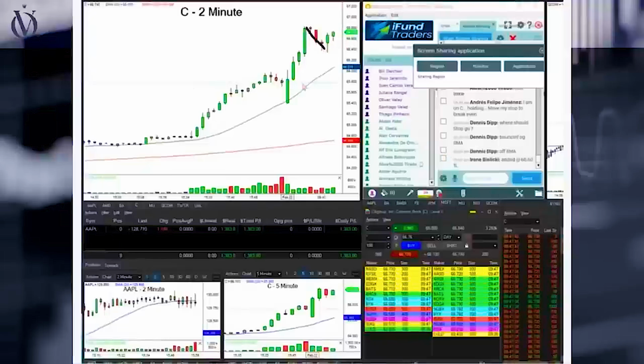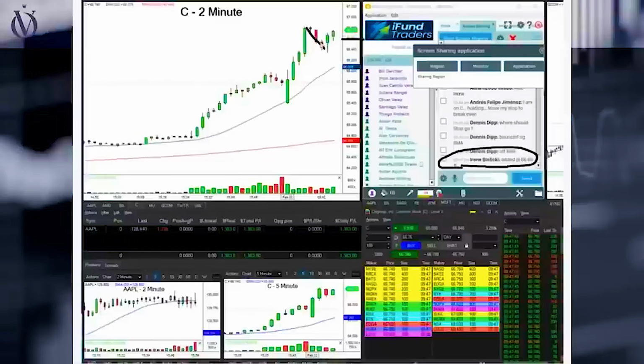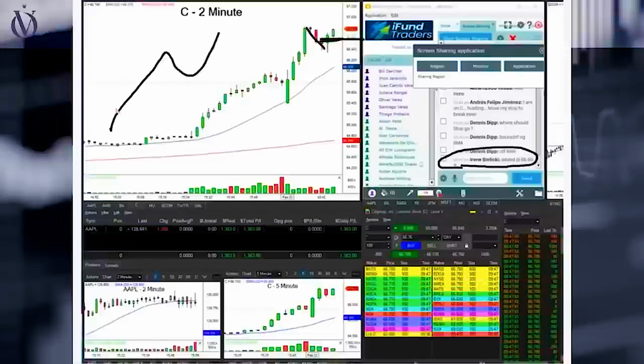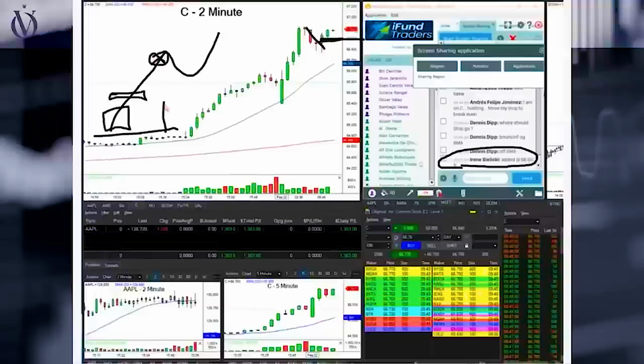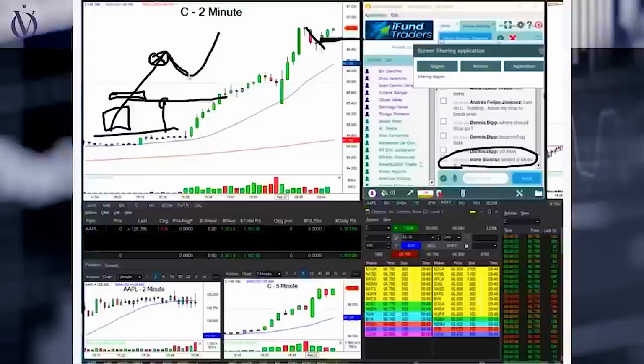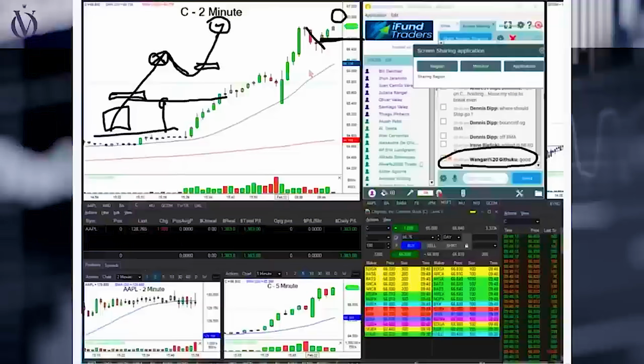So what you also want to do is if this pullback is healthy, you want to do what Irene just did here. She says you want to add. So here's the formula: buy, add, profit take, stop, move stop to break even, and then new high, profit take. Boom. So up here, Irene will take profits, right?